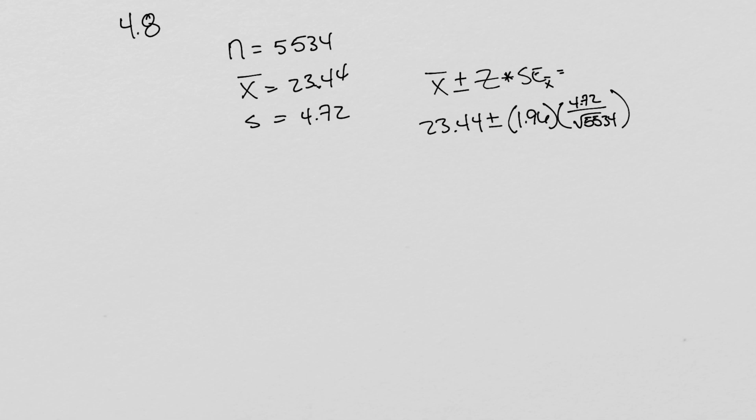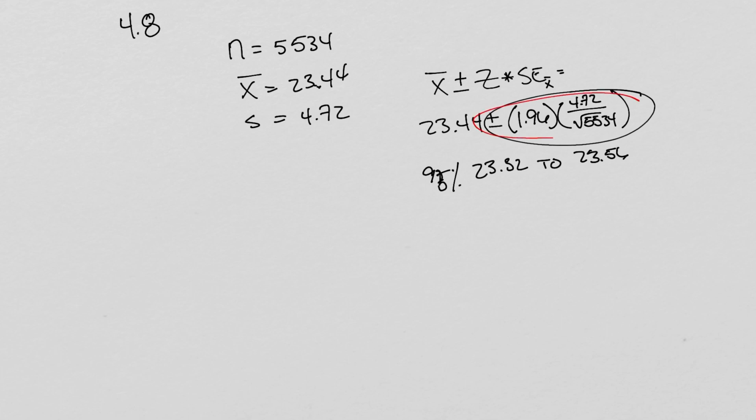And you do the math and you get 23.32 to 23.56. And this is your 95% confidence interval. This number here in red is your margin of error.